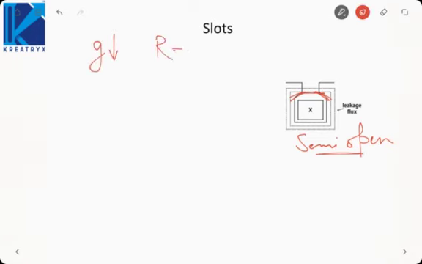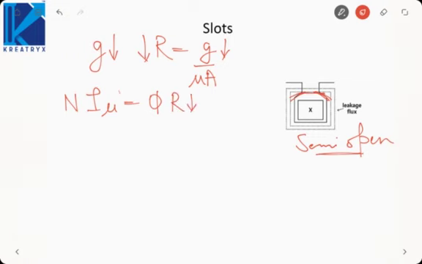So reluctance, which is G by mu A, also reduces. As reluctance reduces, N I mu, which is phi into reluctance, reduces, so magnetizing current reduces. As I mu reduces, it will lead to an increase in power factor.